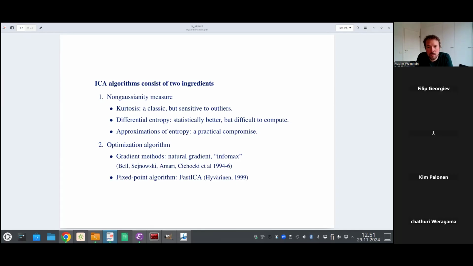Not only are there different measures of non-Gaussianity, there are also different ways to optimize them. Gradient descent is one, and Hyvärinen's algorithm, FastICA, is based on some kind of fixed point algorithm. I actually don't know how it works. It's not part of this course either.